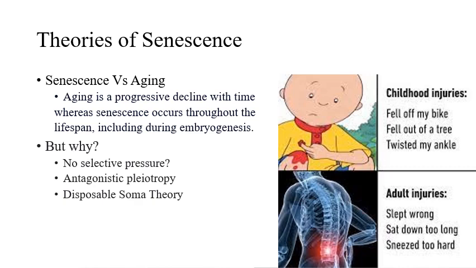We pointed out earlier that senescence isn't the same thing. Aging is a progressive decline where senescence occurs throughout the lifespan, right? So, yeah. But why do we get old? This is something that scientists really don't know. There's a couple different hypotheses floating around.